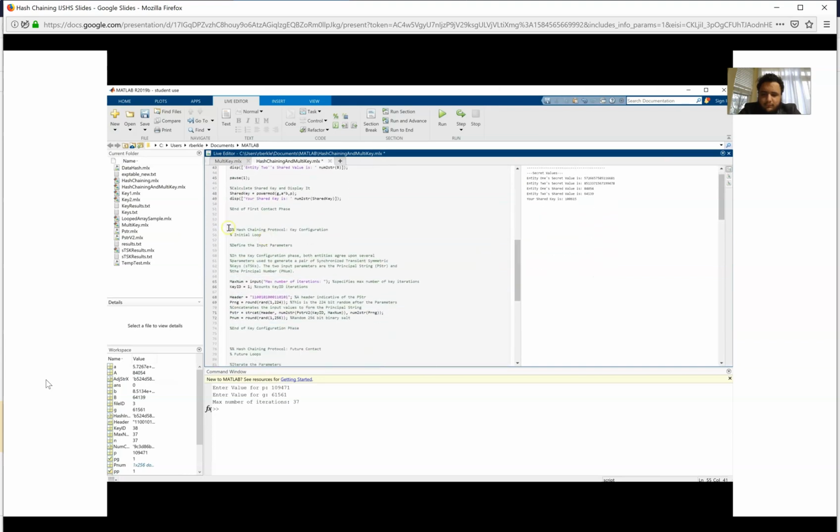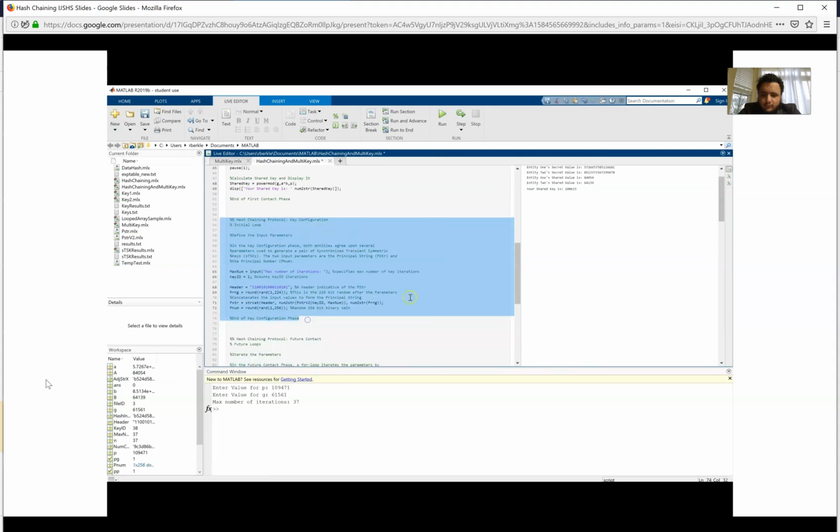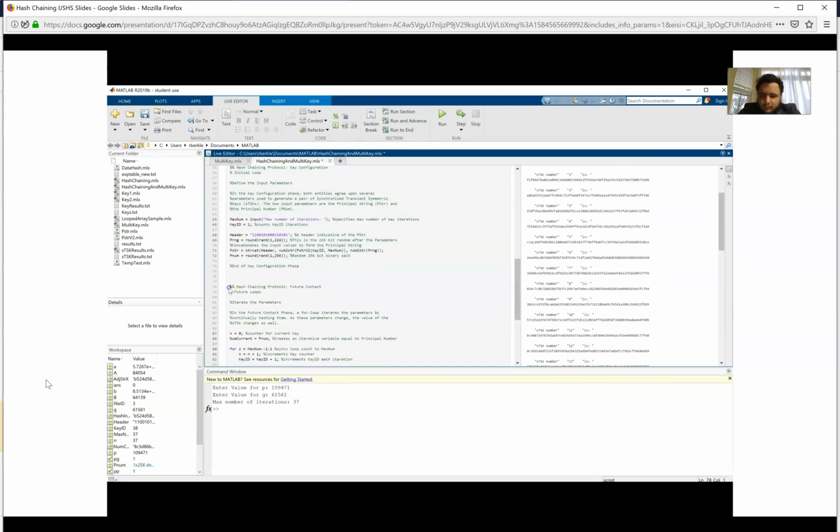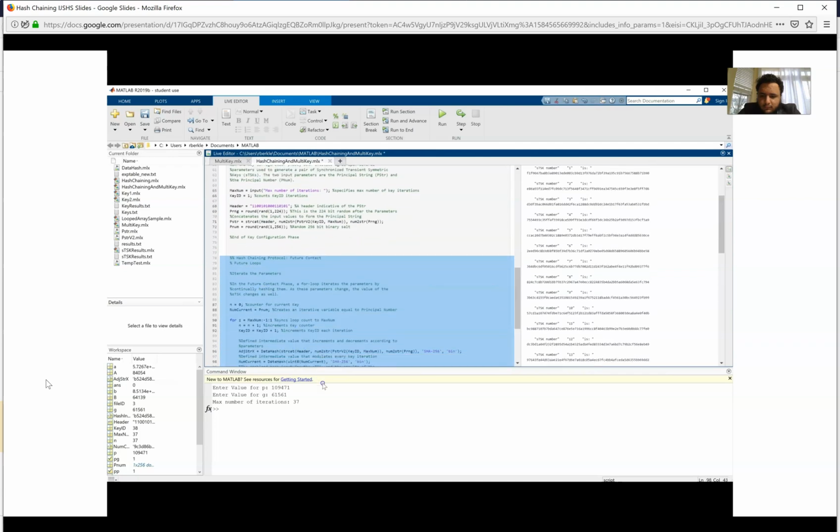After that is the key configuration phase, which is from here to here. It asks what the max number is, gives a value for the key ID, the header, and the principal number and principal string based on what the max number is. And spits out a key value. After that is the future contact phase, which takes this loop.